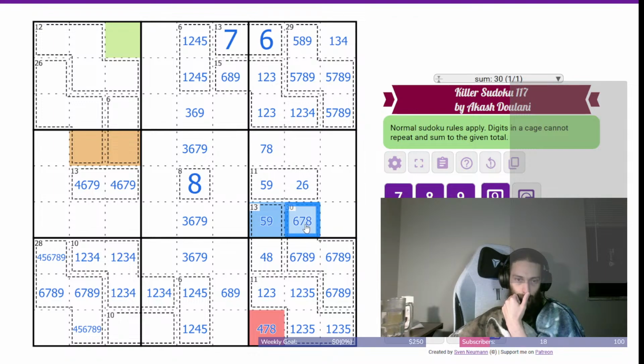Can this be a 6? No, it's only a 6 if this is a 4. Oh, right. And if this is a 4, that would be 8 and 5. But 5 and 6 is 11, which is not 9 more than 4. So I don't think that can be a 6.